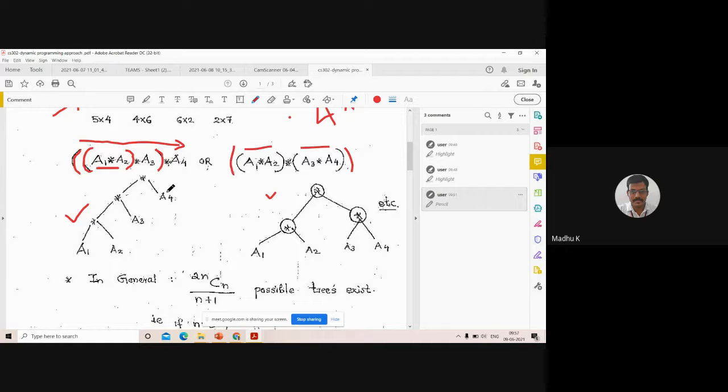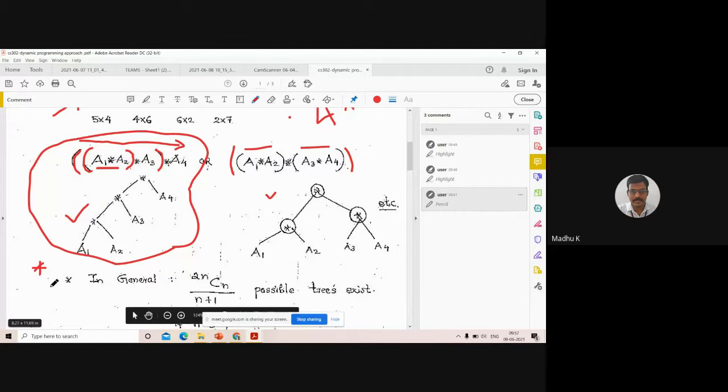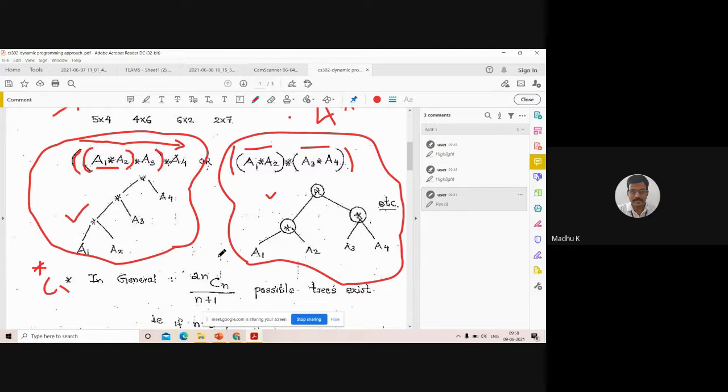This sequence of multiplication will take some number of scalar operations, suppose it is C1. Then this multiplication sequence will take some number of scalar multiplications, suppose C2.